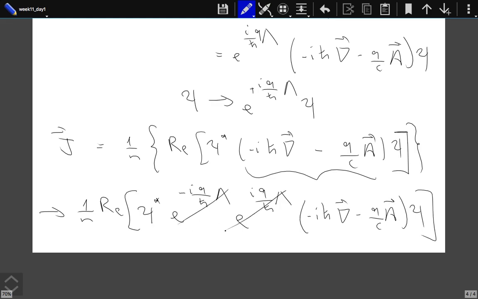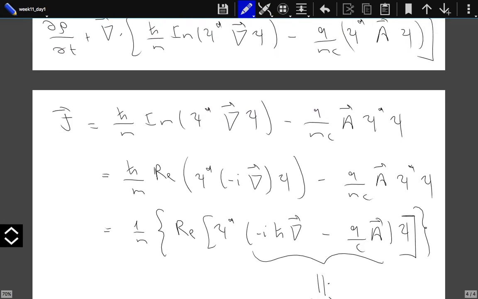So these will cancel, and this is nothing but the initial j. So the probability current defined in this form is gauge invariant. If we had identified the other term alone as our probability current, it wouldn't have been gauge invariant. So we have to add that additional term to obtain a probability current that is gauge invariant.